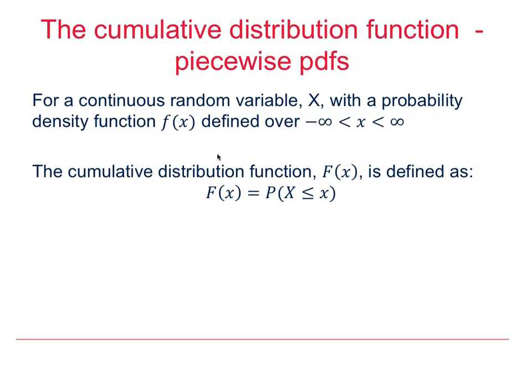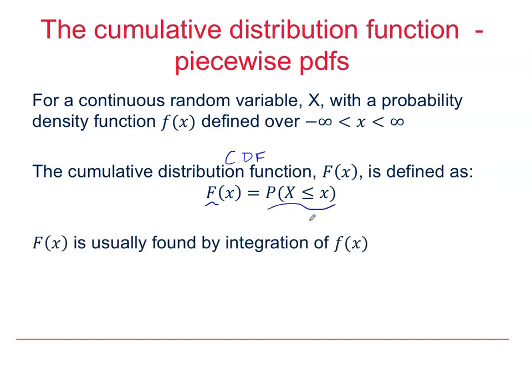The cumulative distribution function can be abbreviated CDF, and we use the capital letter F of x to represent that cumulative probability. The CDF is usually found by integration of the PDF.